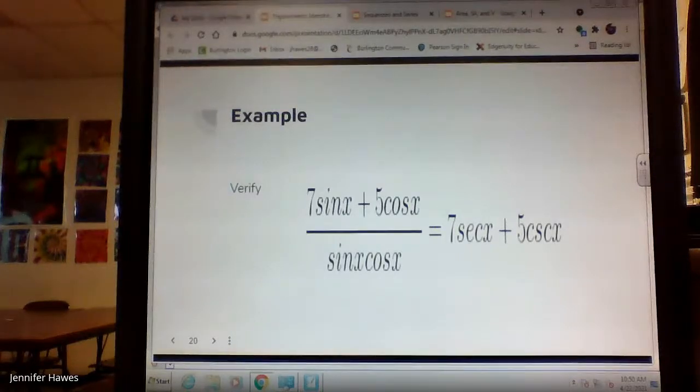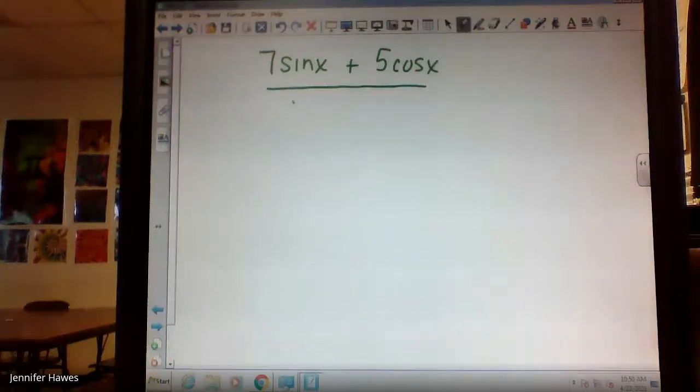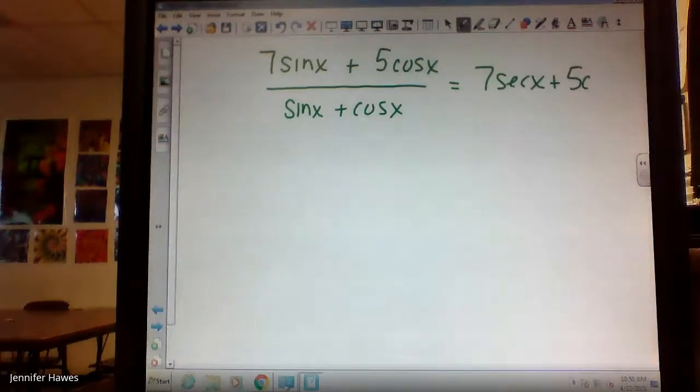Okay, we got this. Okay, 7, what was it again? 7 sin x plus 5 cos x, is this all over the same thing? sin x plus cos x equals 7 secant x plus 5 cosecant x.